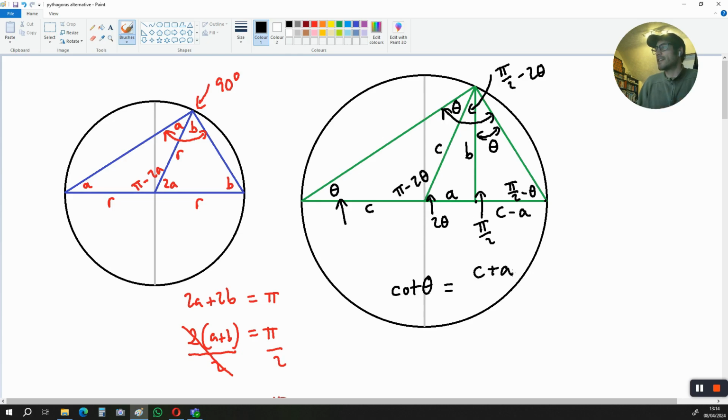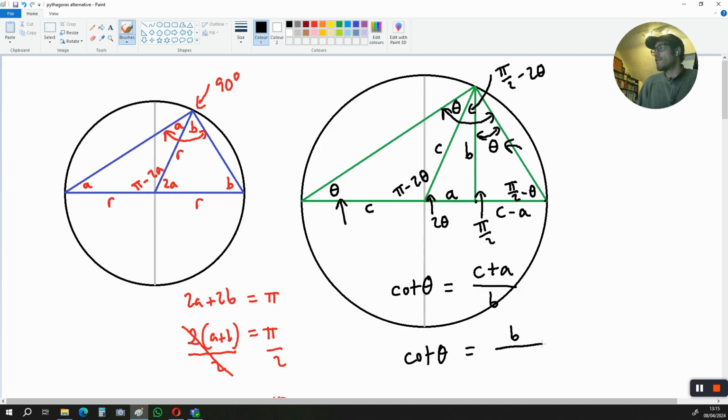So that is C plus A over B. But we can also derive another cot theta using this angle over here. And that is also going to be adjacent over the opposite side, because cot theta is 1 over tan theta.